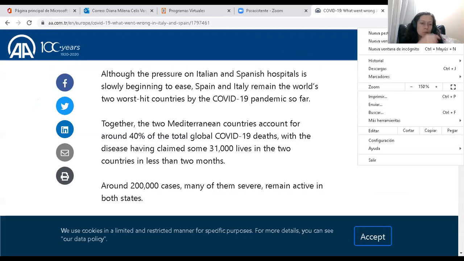Together, the two Mediterranean countries account for around 40% of the total global COVID-19 deaths, with the disease having claimed some 31,000 lives in the two countries in less than 2 months. Around 200,000 cases, many of them severe, remain active in both states.